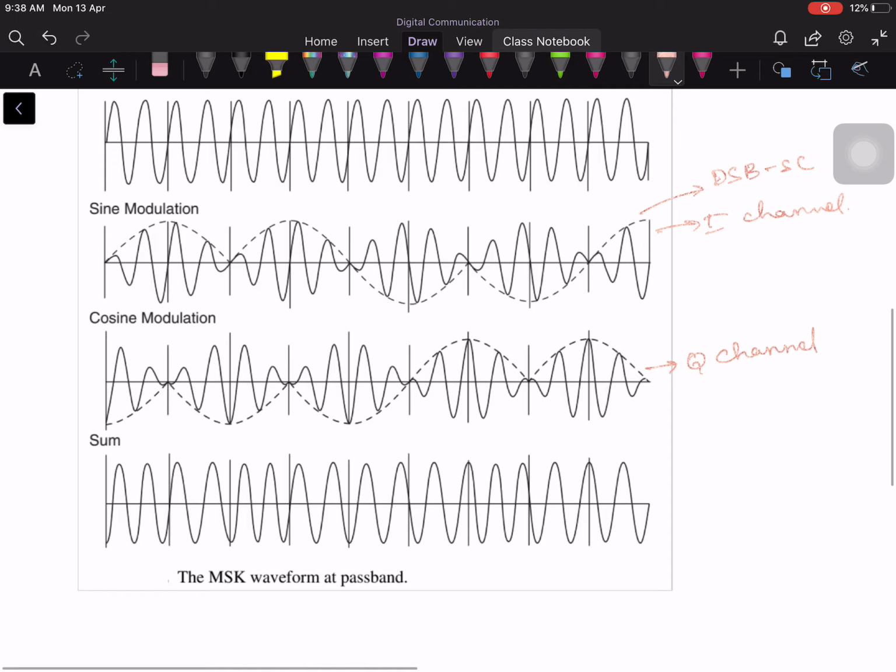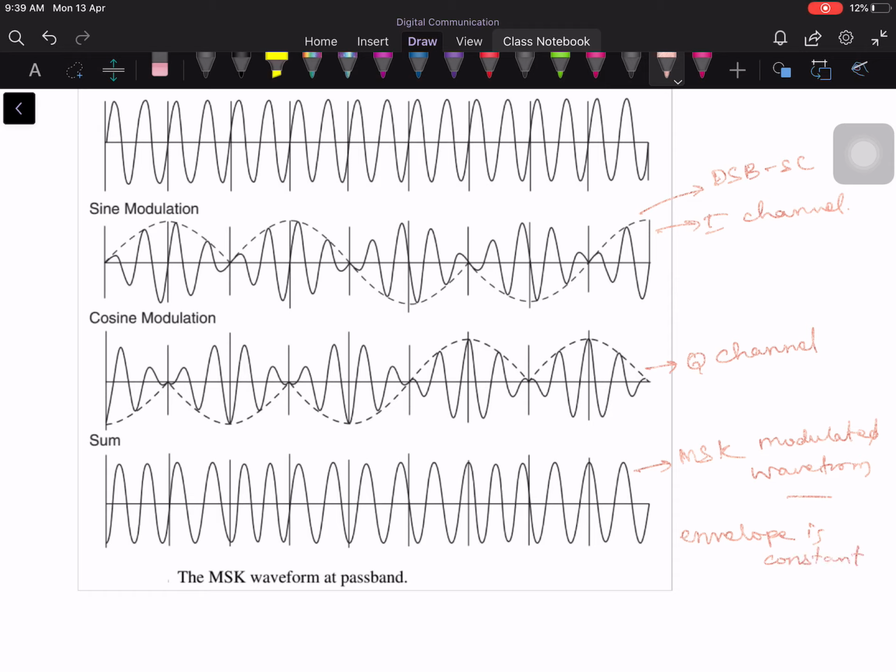But if you look at the final MSK modulated waveform, the amplitude is constant. Constant amplitude, or constant envelope.